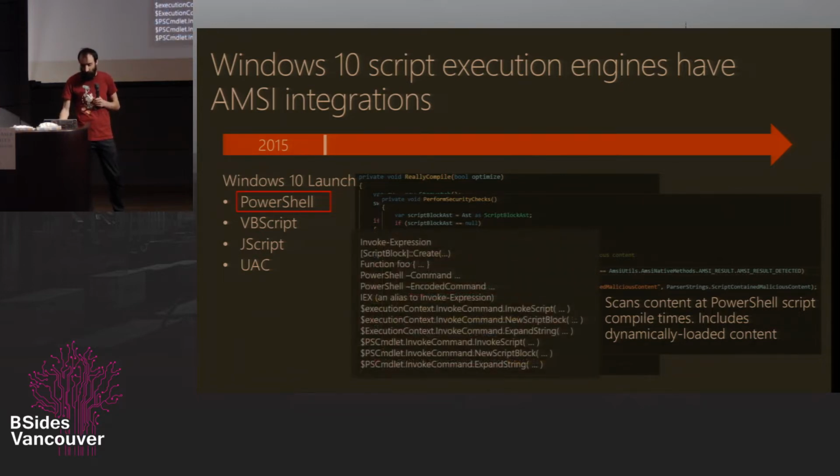This allows any dynamically loaded PowerShell content to be passed to the AV product to scan, any new PowerShell script content. So if an attacker uses the command line to pass in a huge PowerShell script encoded in base64, that'll be unpacked out of base64, and then handed into the AV product to scan before that PowerShell executes.